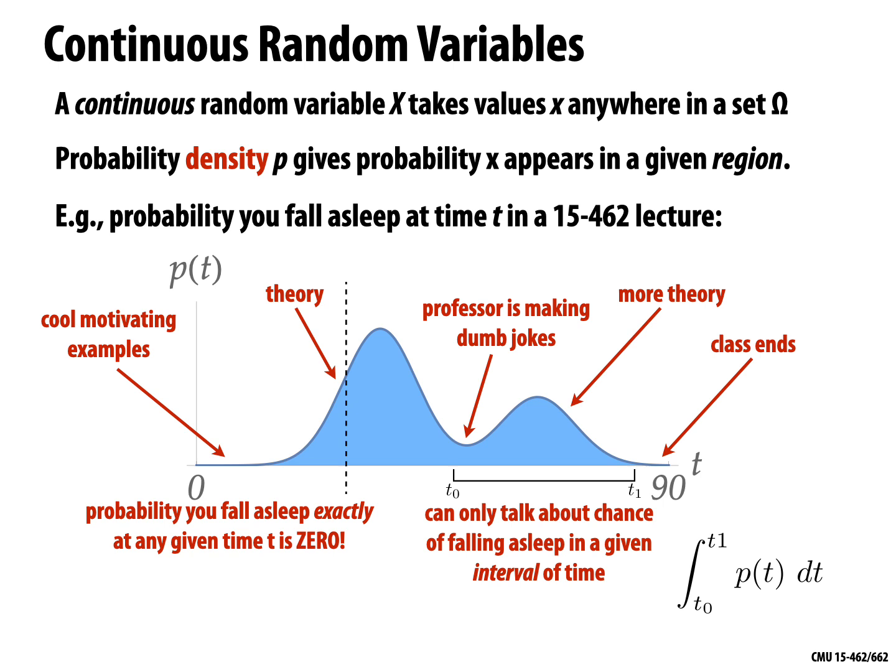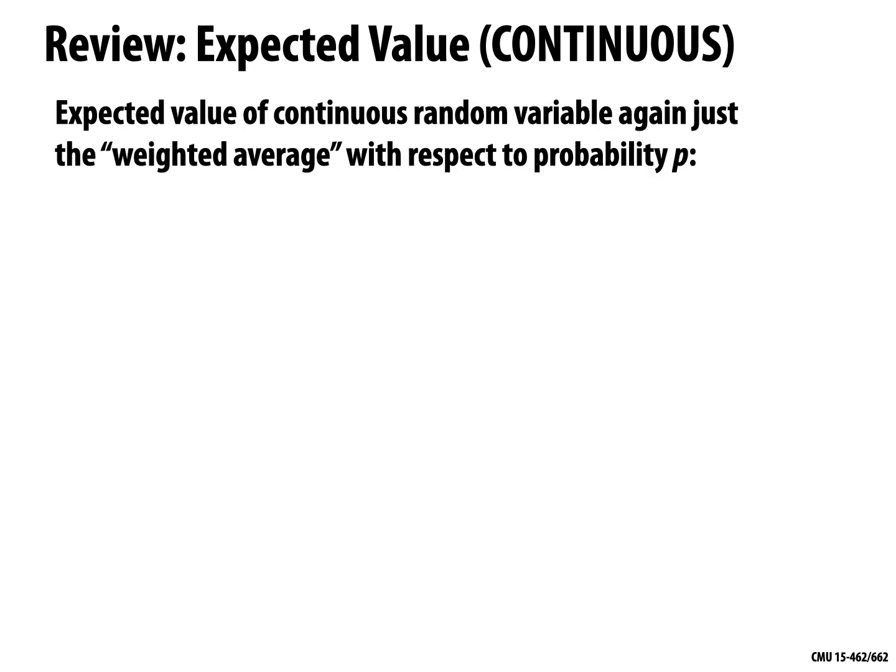Okay, so in this continuous context, we can still talk about expected value. So the expected value of a continuous random variable is, in spirit, again, just the weighted average with respect to probability, where the probability density is providing the weights.